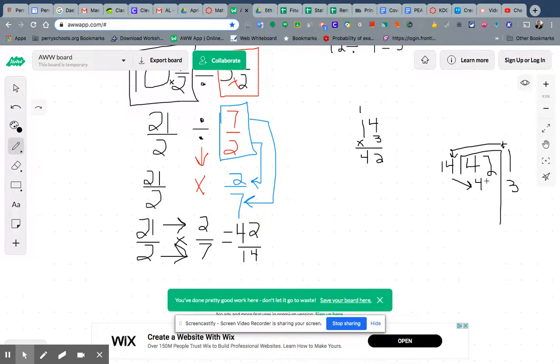All right, let's try this again. 42, there we go. Subtract, and I get 0, and my answer is 3. So in this case, my estimation worked out to be exactly like my answer. And that is how we solve using two mixed number division pieces.